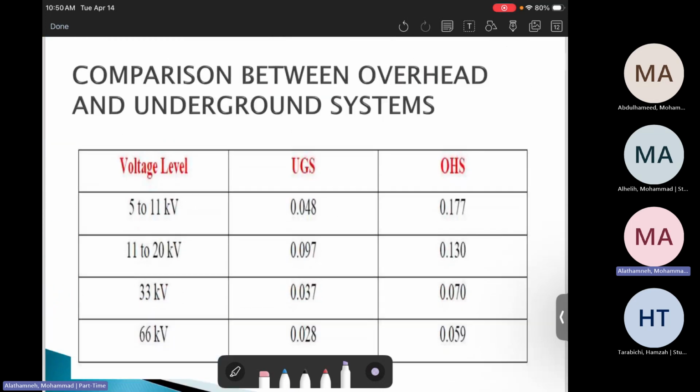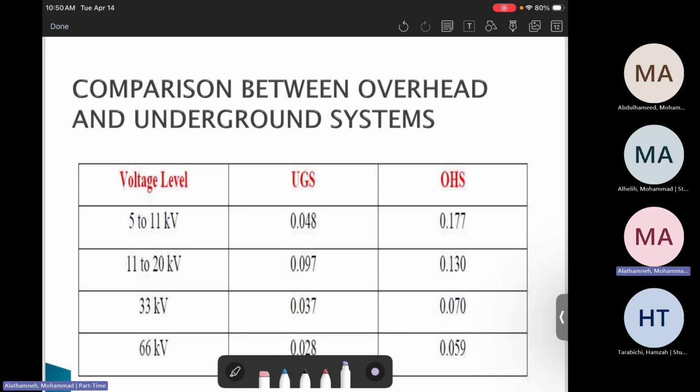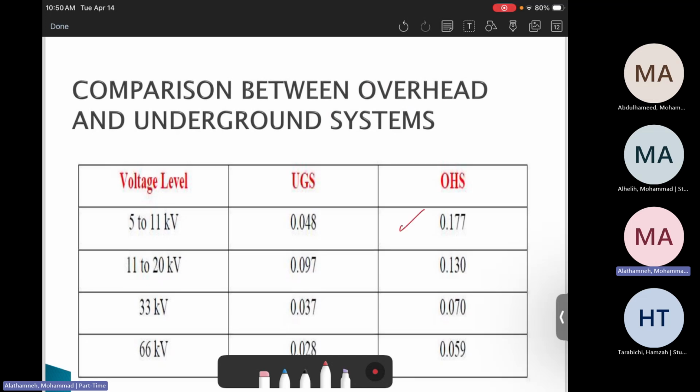Here is the failure rate for each one. When we talk about low voltage levels, like 5 to 11 kilovolts, the failure rate is 0.048 for underground, while for OHS it is 0.177, so we can say this is higher. Then between 11 and 20 kilovolts, the failure rate is reduced, or no, it's actually increased for underground, but you will see overhead is more.